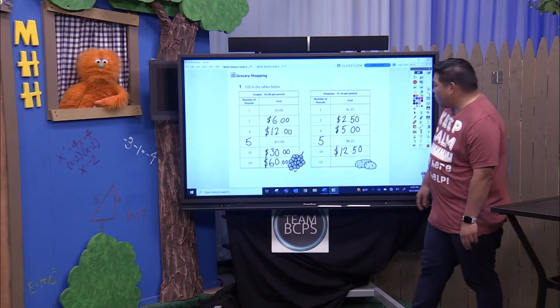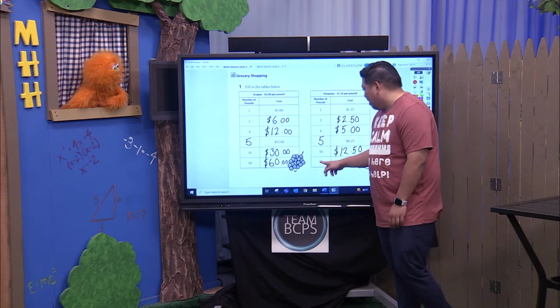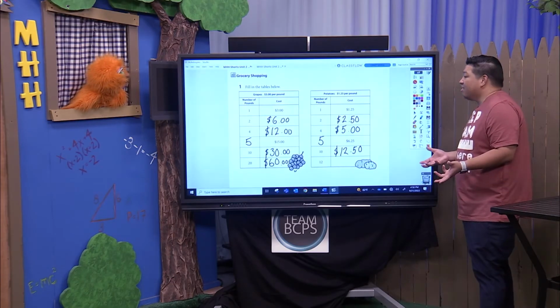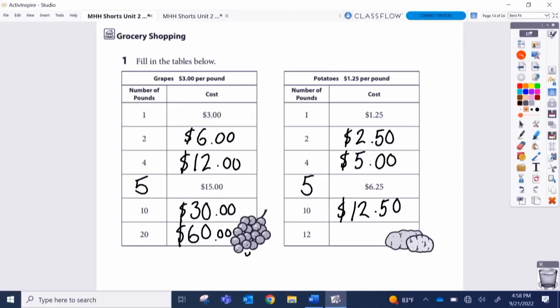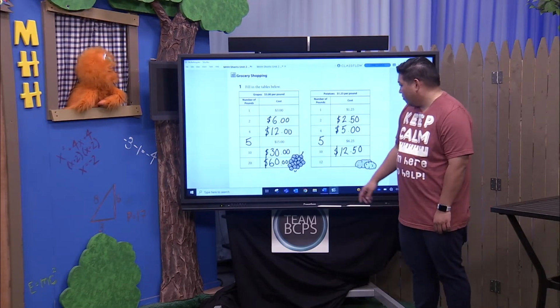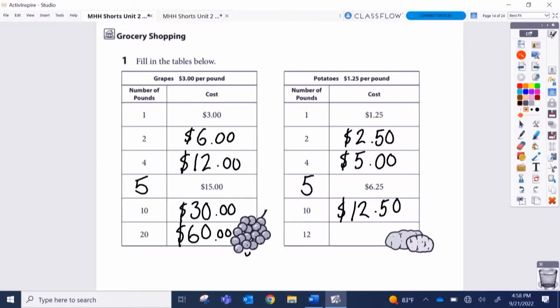All right, but this is a little bit different because in grapes we had 20, but now we have 12. Is there anything on here that we can use to just figure it out nice and easy? Yes! Wait a minute. So we have the difference between 10 pounds and 12 pounds is 2 pounds, right? Which means if we go back up and look at what 2 pounds was, we know that it's $2.50.